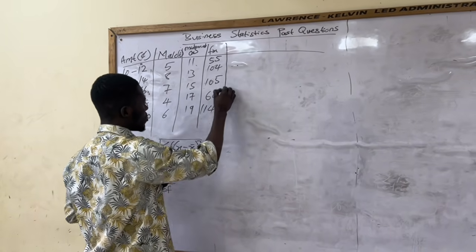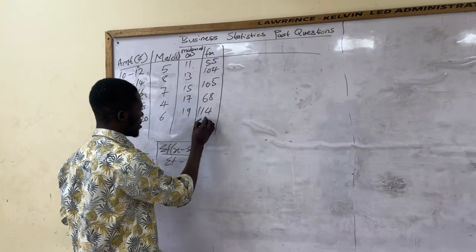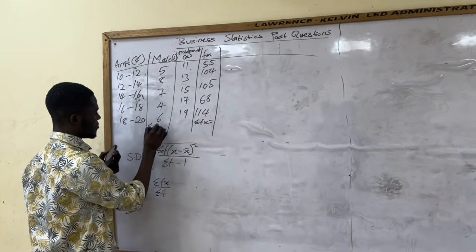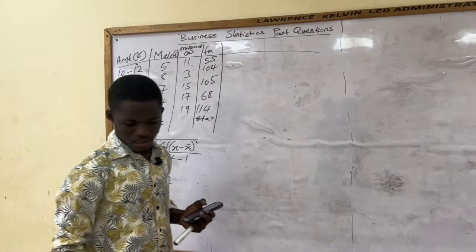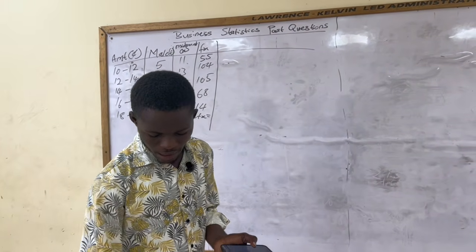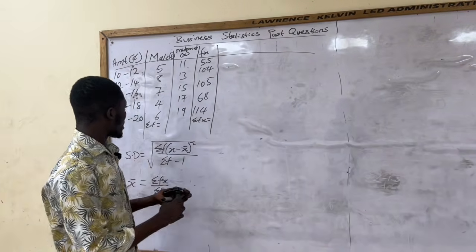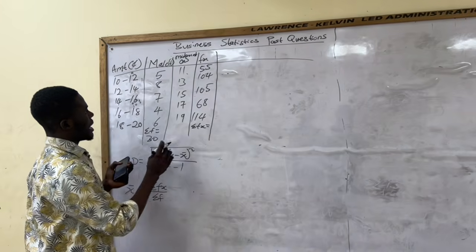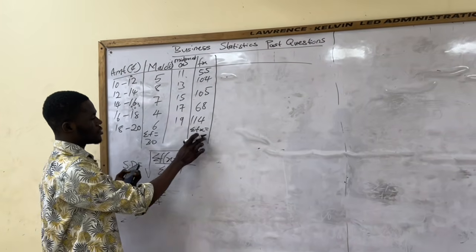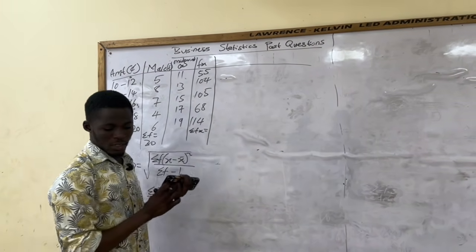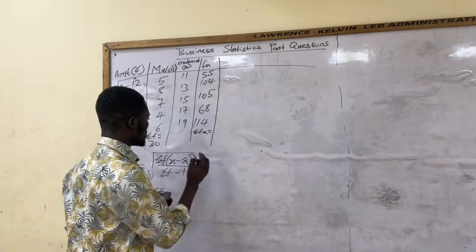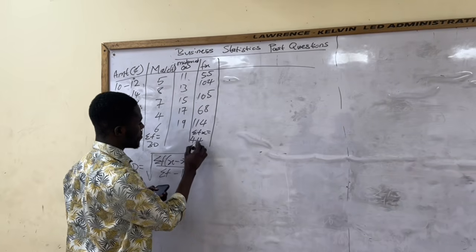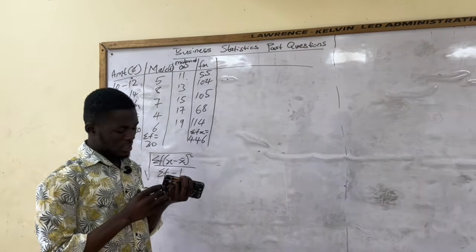Okay, now let's look for our sigma fx. Here too, we will look for our sigma f. Our sigma f, if we calculate this, we will get 30. And then sigma fx, if you point it on the calculator too, we will get 446.